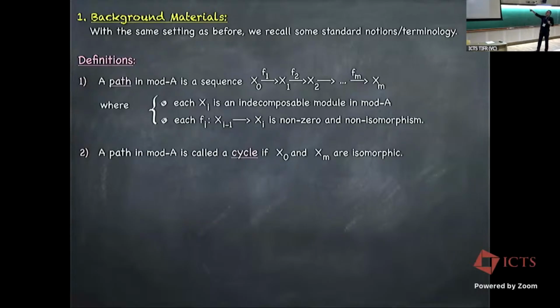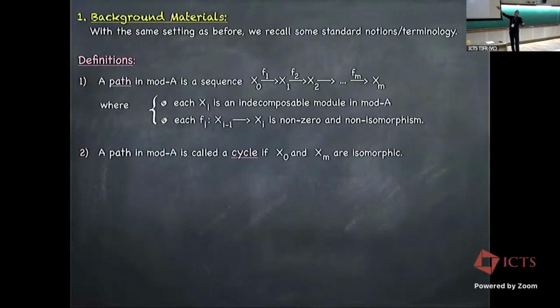So a path in the module category is nothing but a sequence of non-zero, non-invertible morphisms between indecomposables. You have a sequence x0, x1, x2, all of which are indecomposables, and you have a bunch of morphisms between them, which are non-zero and non-isomorphisms.